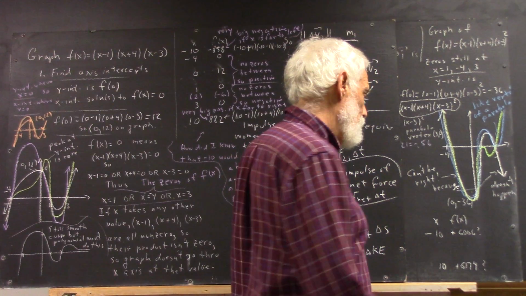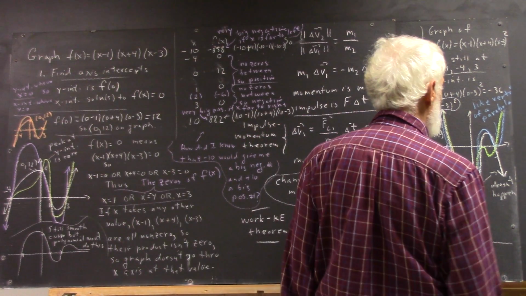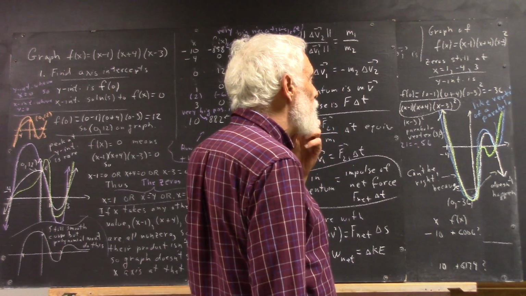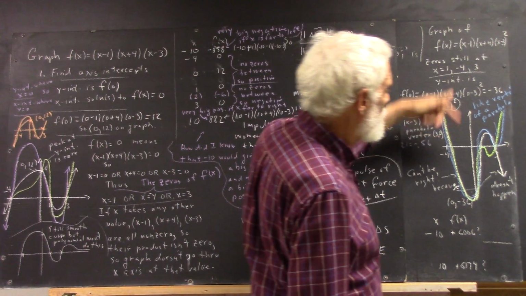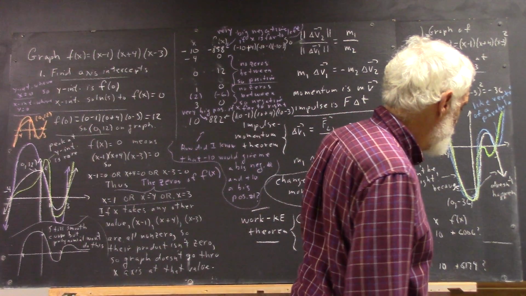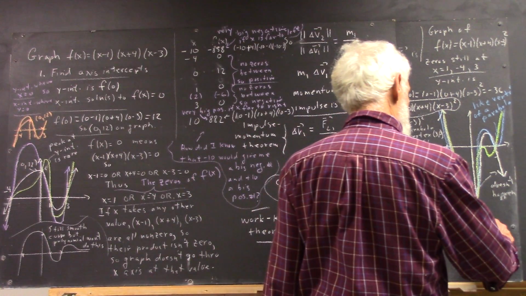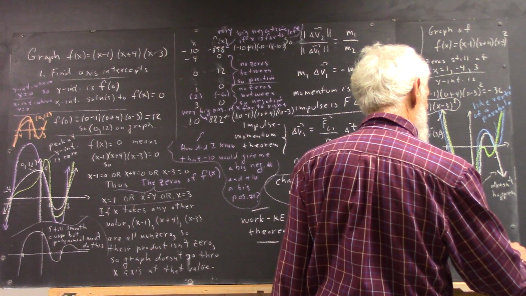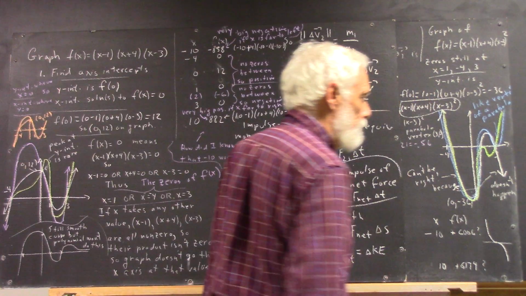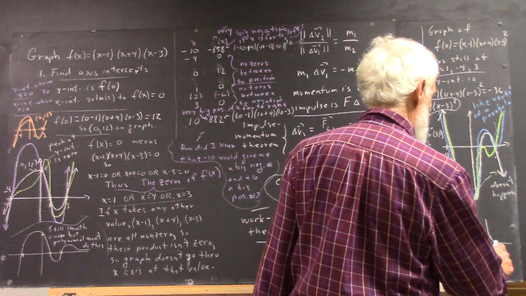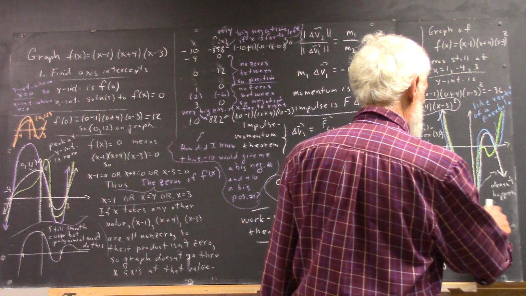So if it was an (x − 3) cubed, well, in the first place, that would bring the behavior over here down to the negatives. So it would actually look like this at x equals 3.